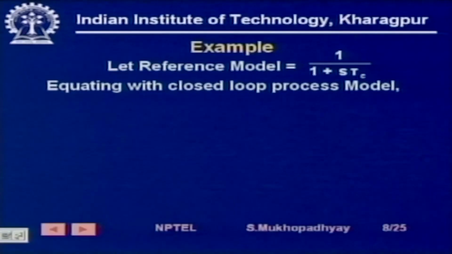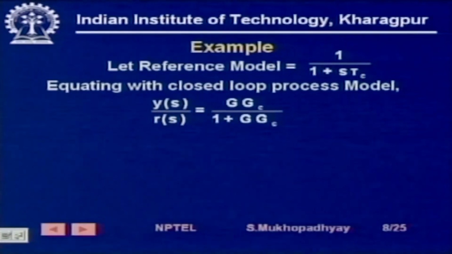Now what is the closed loop process model transfer function? We know that it is given by GGc by 1 plus GGc. This is one of the elementary facts of control theory, where G is the transfer function of the open loop plant and Gc is the transfer function of the controller which is in the forward path, and we have unity feedback.